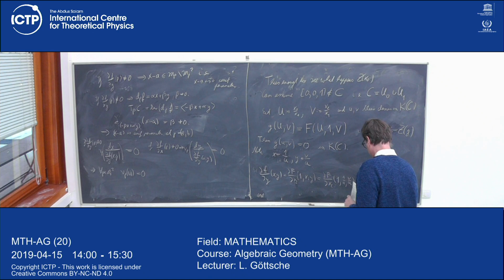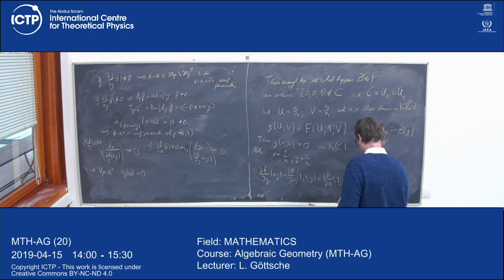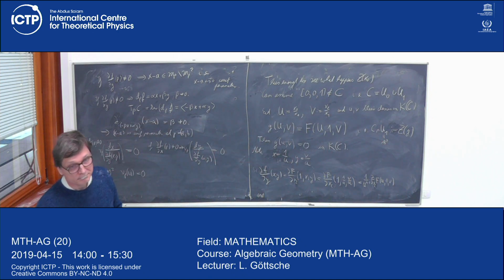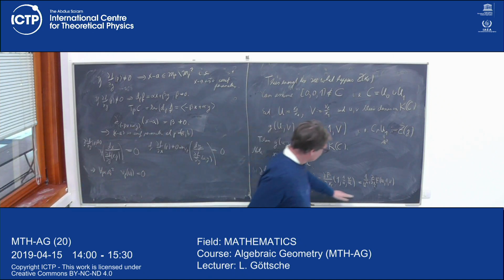So 1 over u to the n, f of u, 1, v, but we have to first take the derivative, so it becomes 1 over u to the n minus 1 of d by dx2 of f of this. Okay, so it's all kind of high school math, but somehow, so we do this.